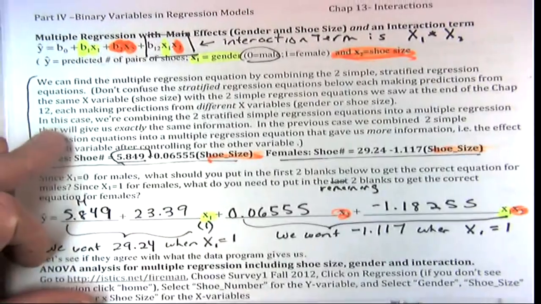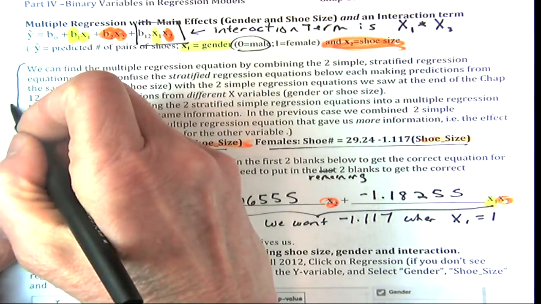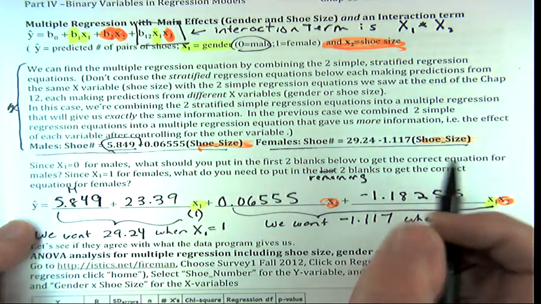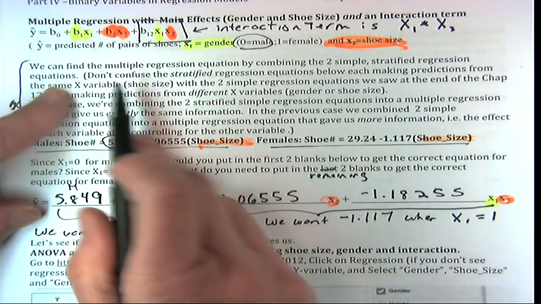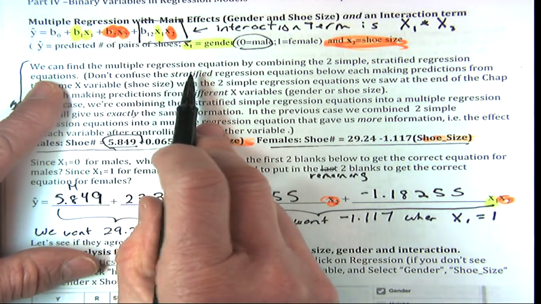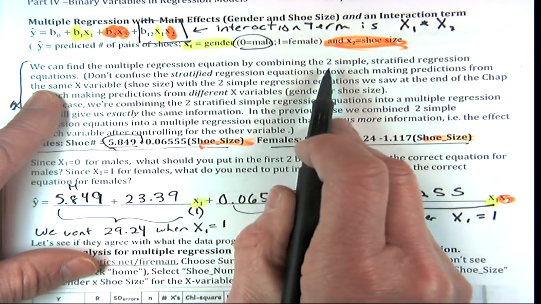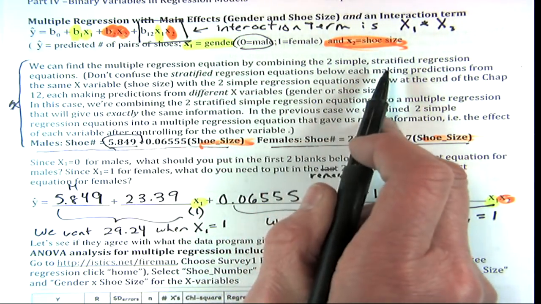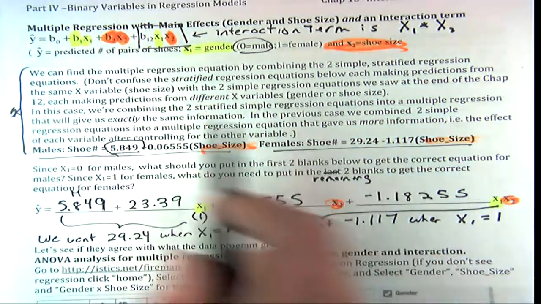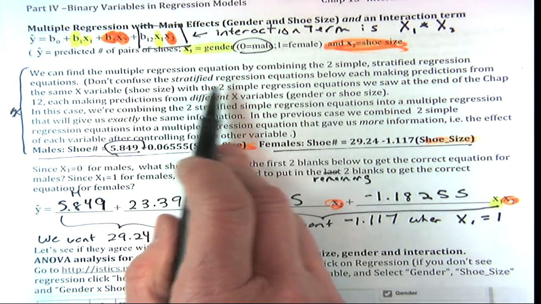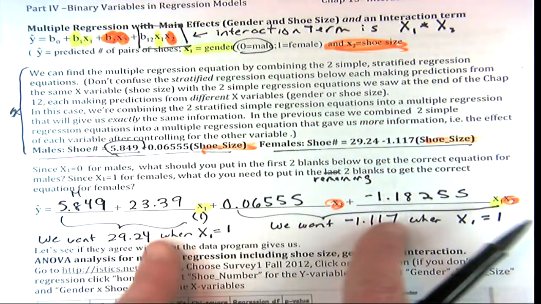So, just read this. This is important. There's a lot of concepts here. What we first started off, we said we can find the multiple regression equation by combining the 2 simple stratified regression equations, right? That's what we just did. But don't confuse these stratified regression equations below.